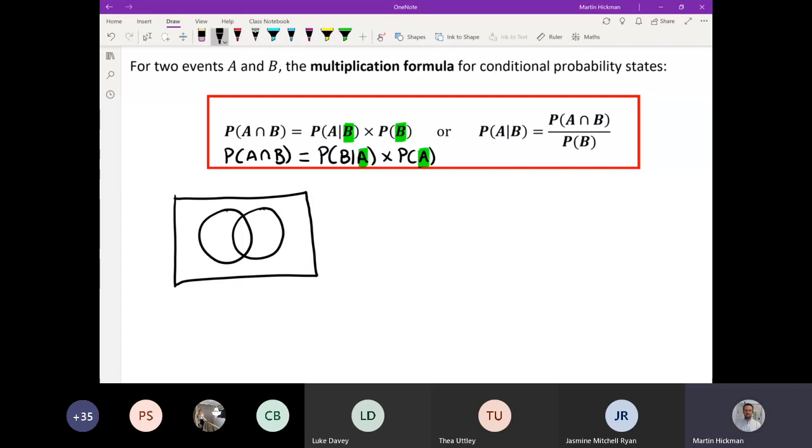Nothing there. So we've got two events, C and D, and we've got the given probabilities for C and D, and the probability that C happens given D has already happened is 0.3.